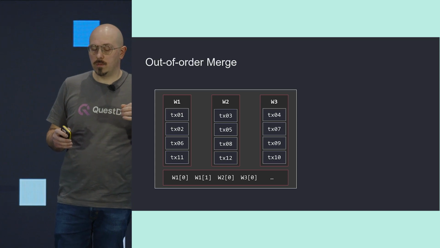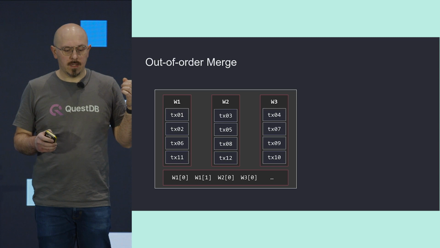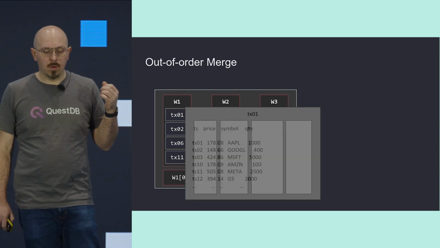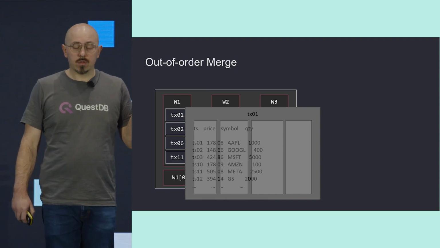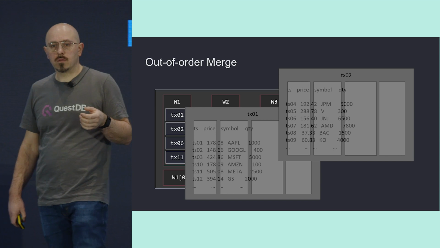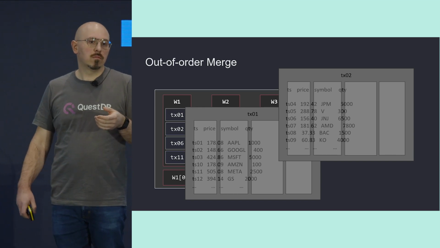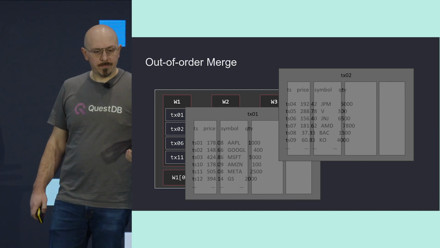We managed to then store all the data, and if we then peer into one of the transactions, then it's mostly in order. But if we look at another transaction, then together the timestamps don't really align.